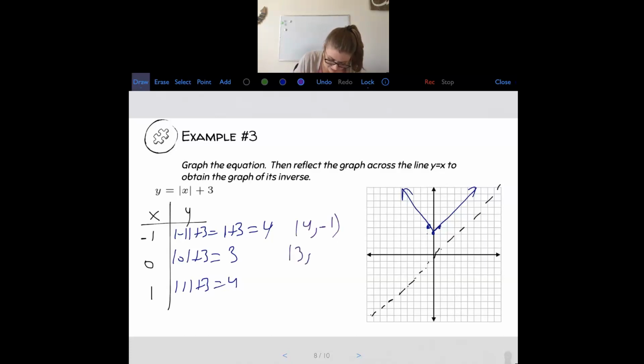This would be (3, 0). This would be (4, 1). I like to do points because then I know it's exact, and then I check it visually. So this is what I have. I double check: does it look like it's been reflected?